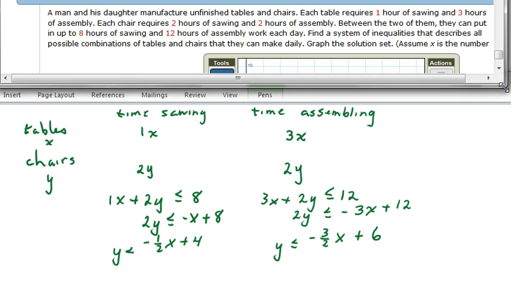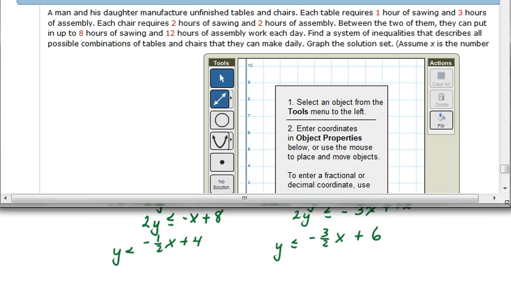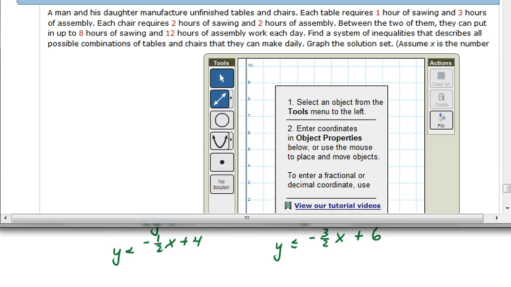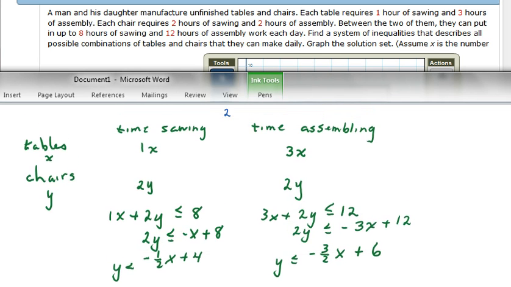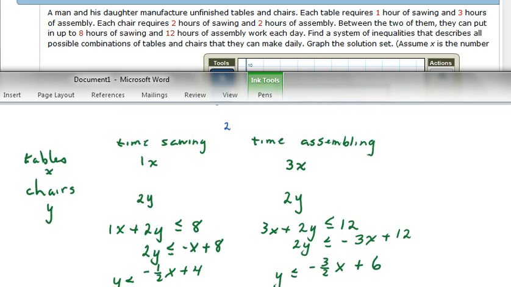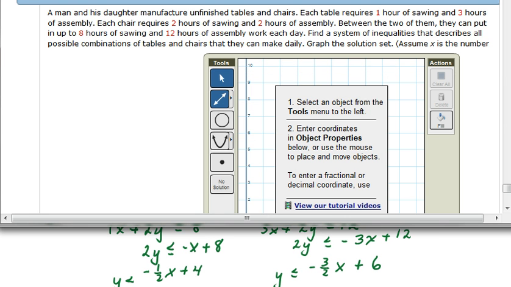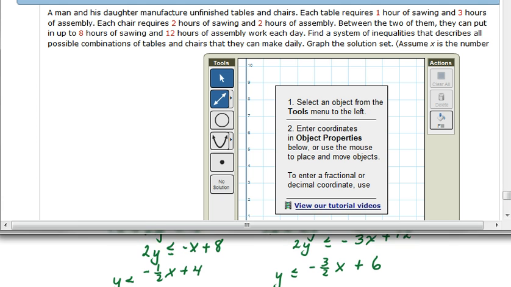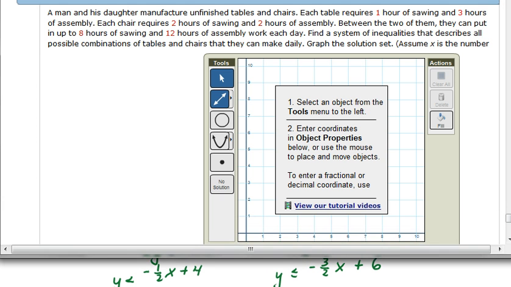So now we're going to graph the system here. And first of all, choose the line tool.